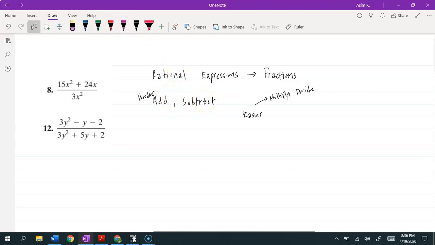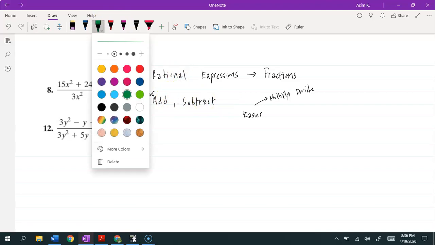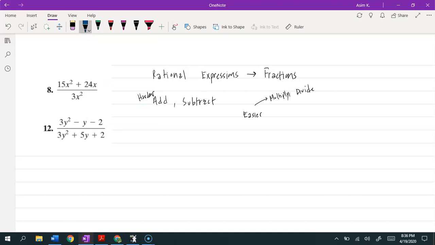And another little neat note, just to help you understand where we are in this treatment of things, is realize that we've worked with radicals, right? The roots and stuff like that. And we've learned to add, subtract, multiply, and divide them. And then recently we worked with polynomials, right?